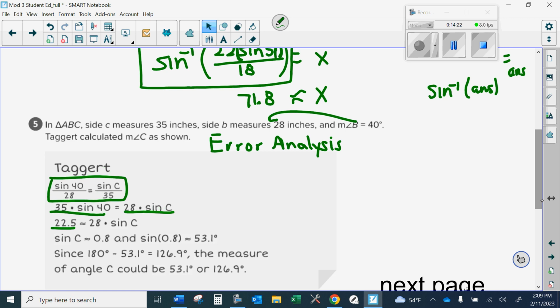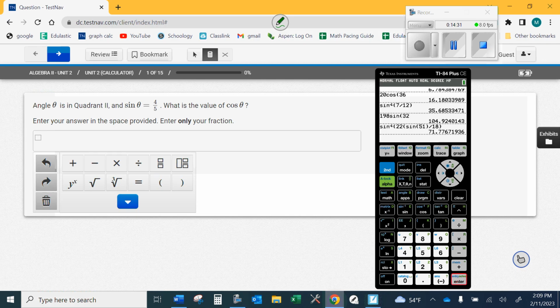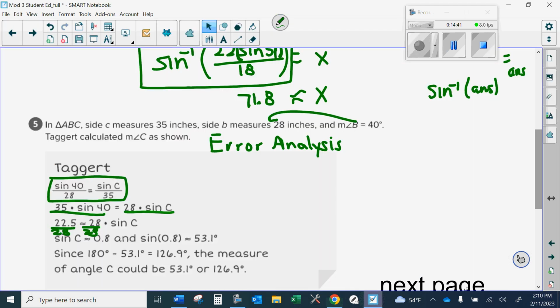They have sine C is equal to 0.8. So what they did is divide by 28 on both sides. And 22.5 divided by 28 is 0.8, and that's another rounded answer. But it is close to 0.8, so that's another rounded answer. It's going to put it further off.